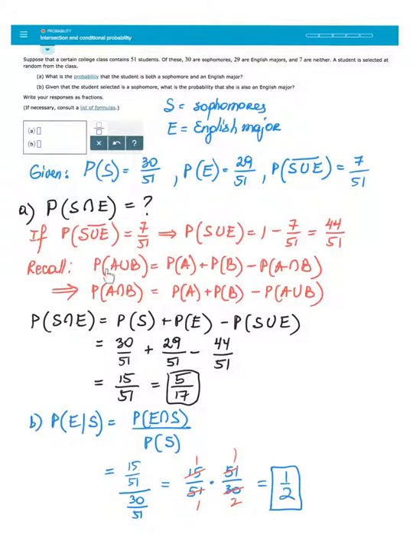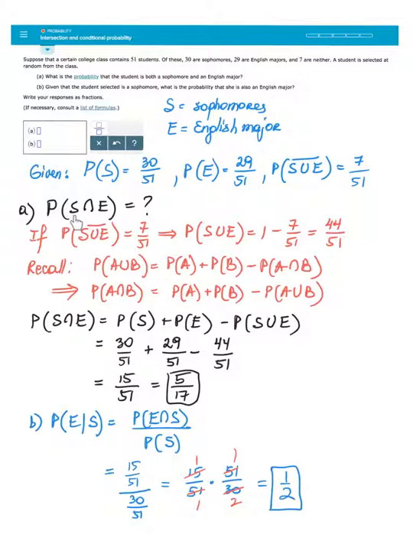If at the same time I subtract the probability of the union of two events and move it to the other side, I can have an alternative version of the above formula that looks like this. Probability of intersection of A and B is equal to probability of A plus probability of B minus probability of the union of A and B. This is the formula we're going to apply to part A.